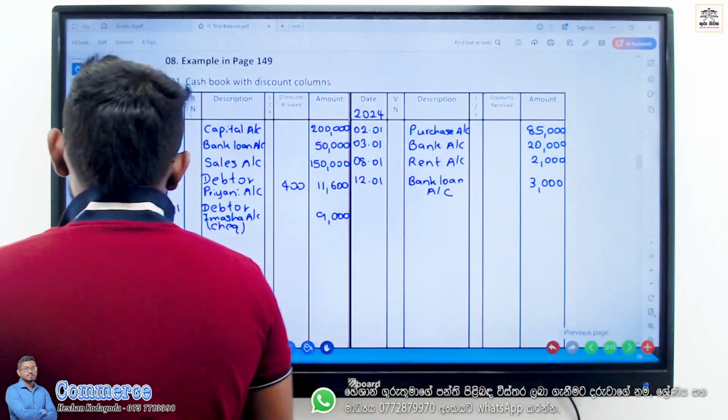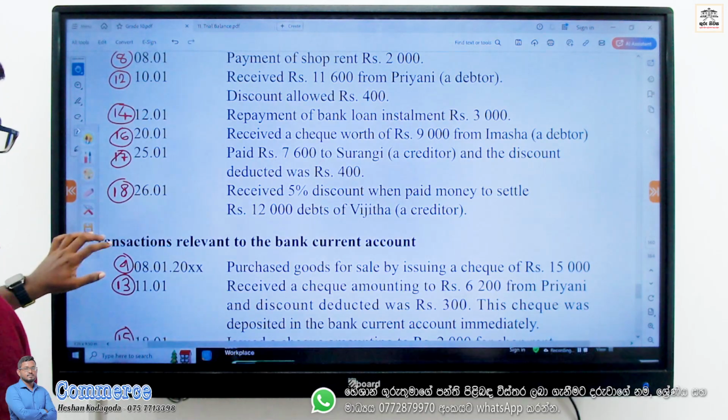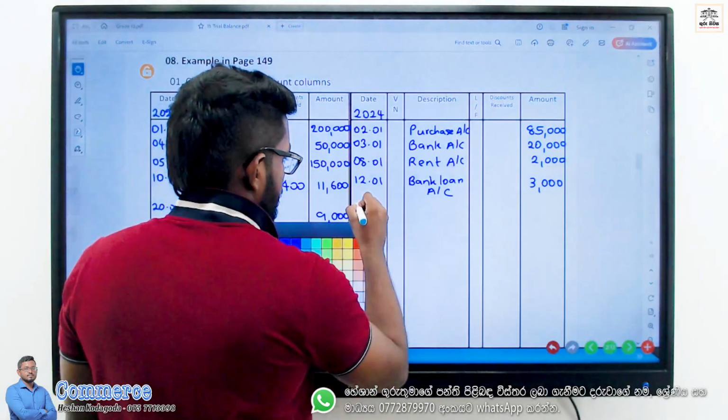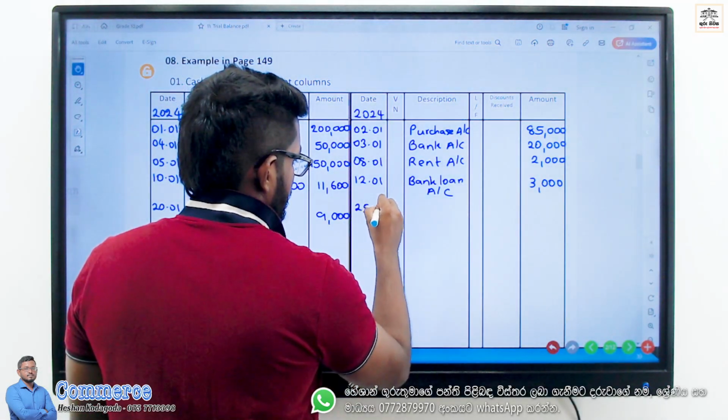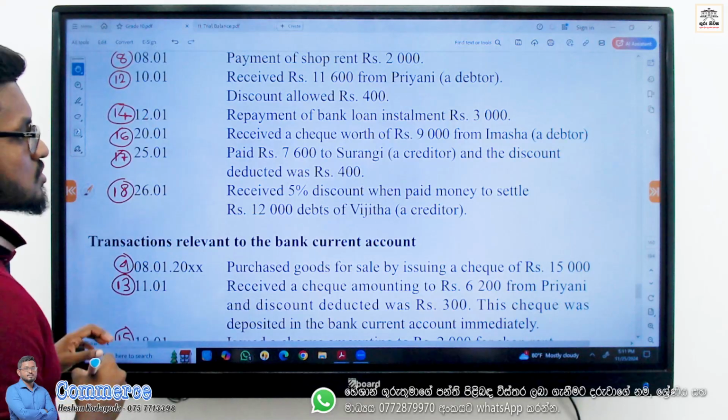Cash book credit side. What is the date, guys? 25th of January. Right? To whom? Creditor Surangi, right?